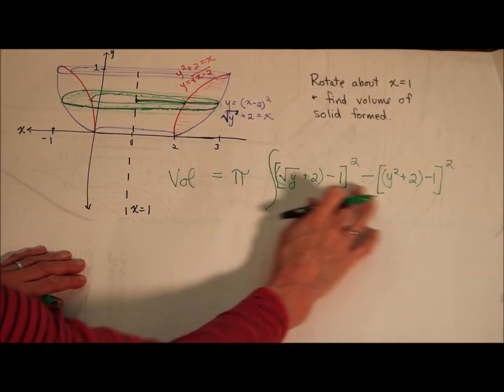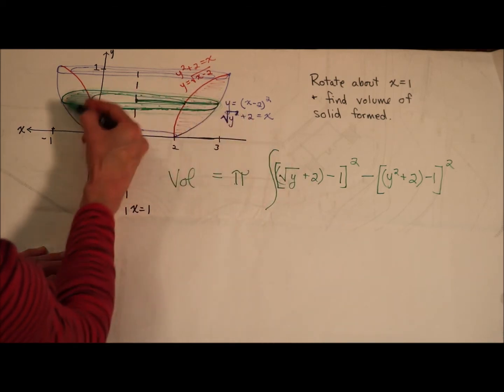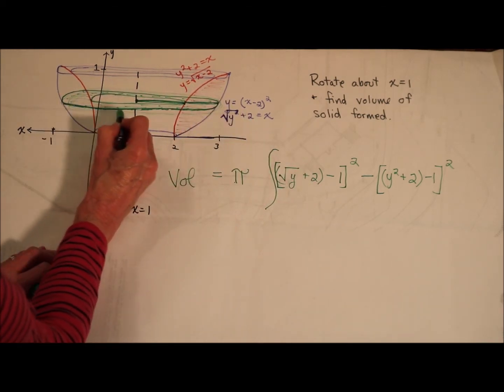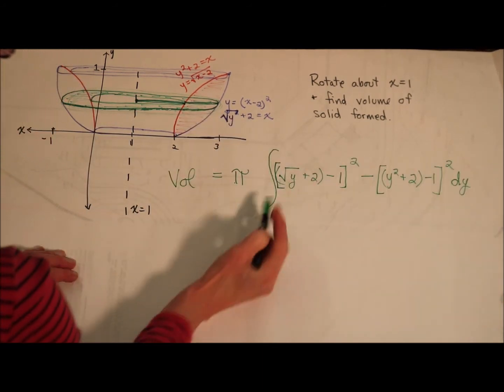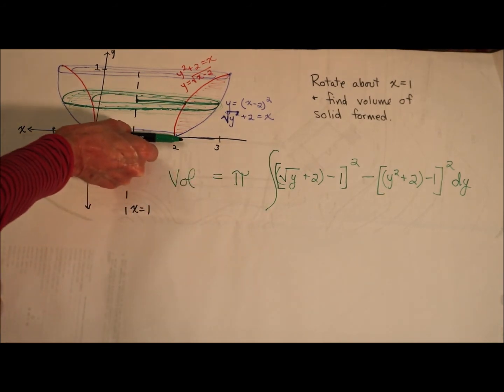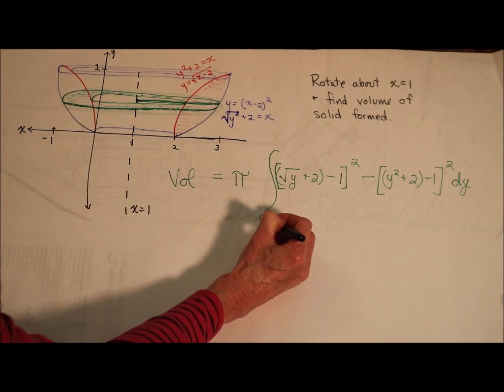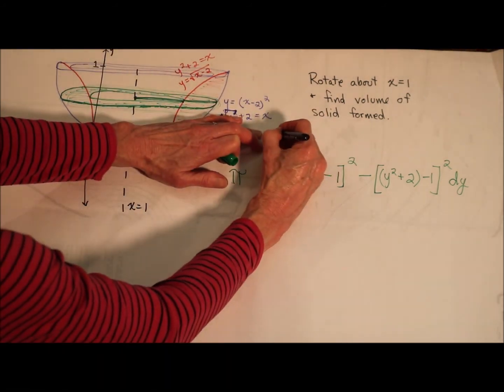I kind of put in extra parentheses; you don't need those if they confuse you. And of course now that washer has a thickness, dy. Since we're integrating with respect to y, we have to find the smallest y, which was 0, and the biggest y, which was 1.